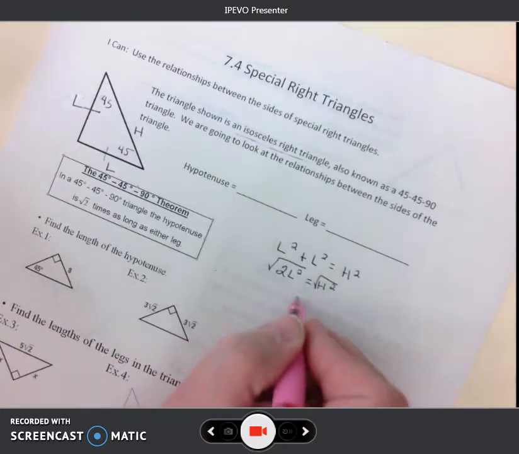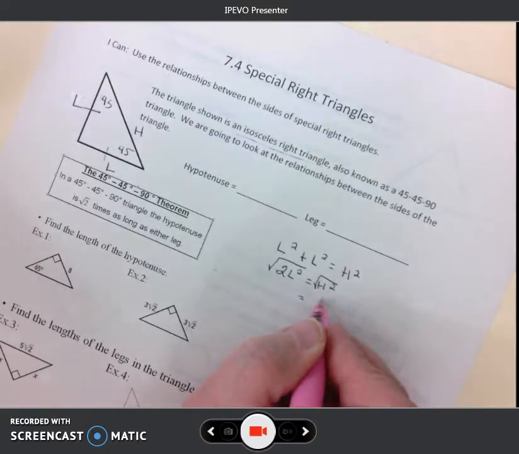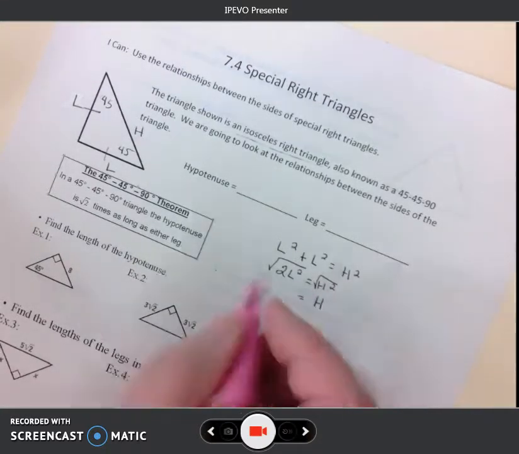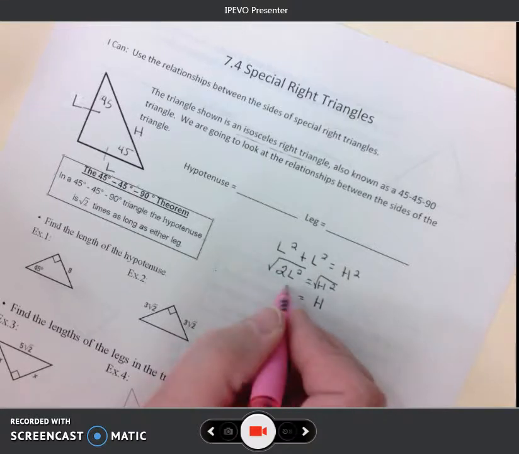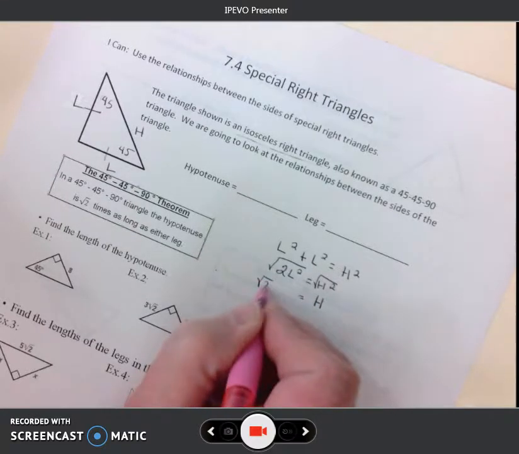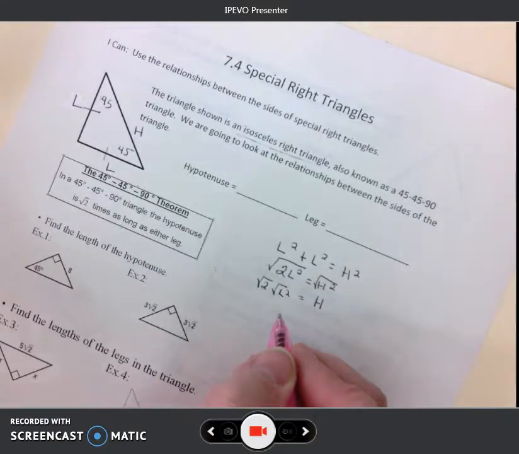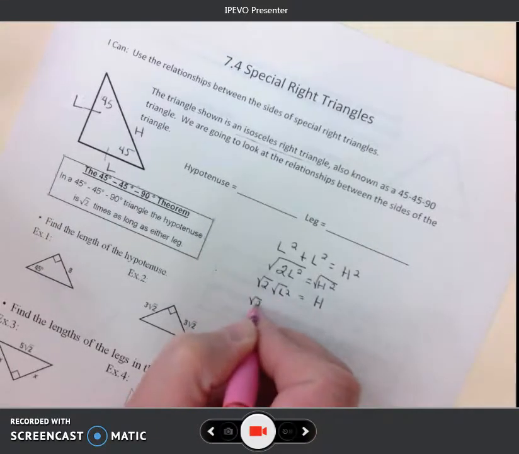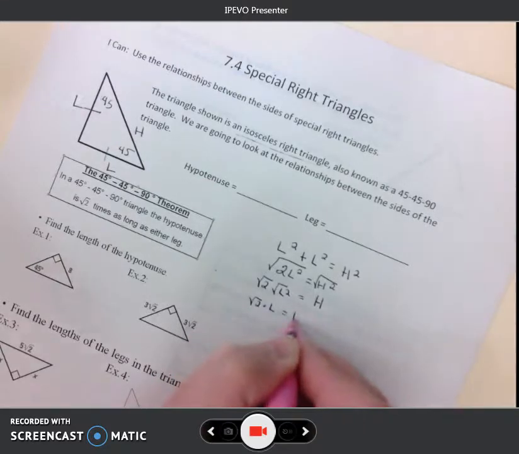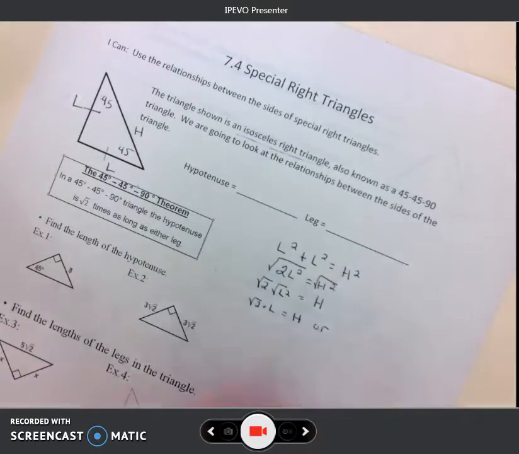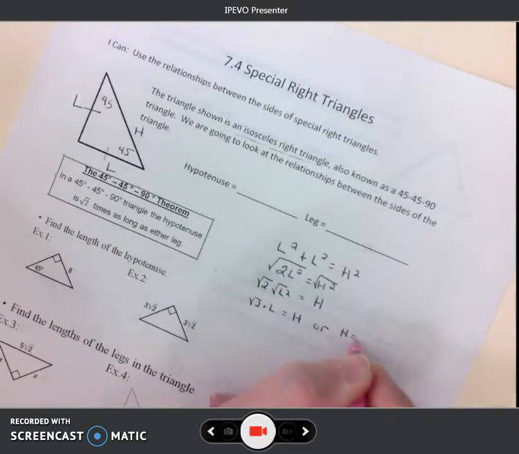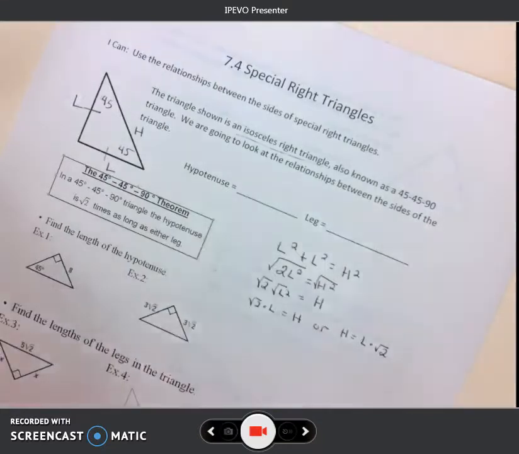The square root of H squared is just H. And the square root of 2L squared can be written as the square root of 2 times the square root of L squared, but that is the square root of 2 times L. Or we could say H is equal to L times the square root of 2.